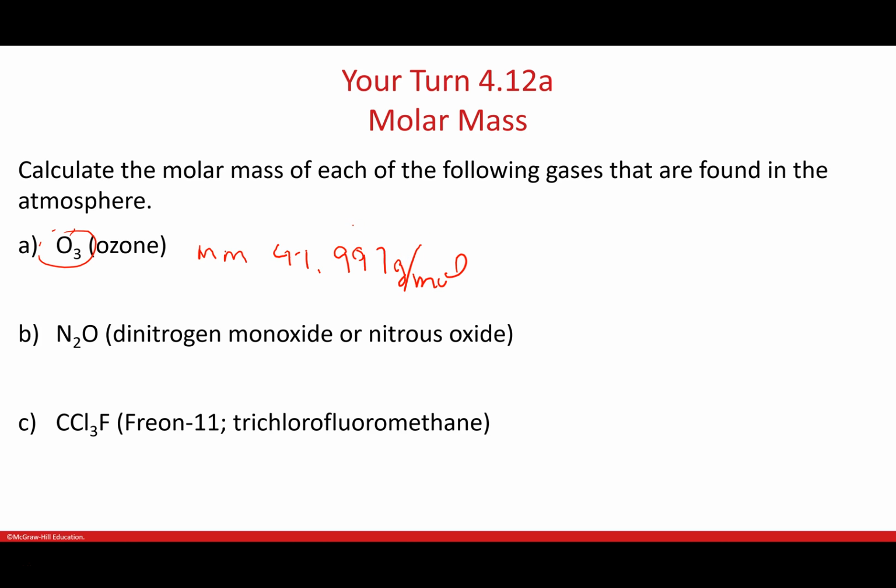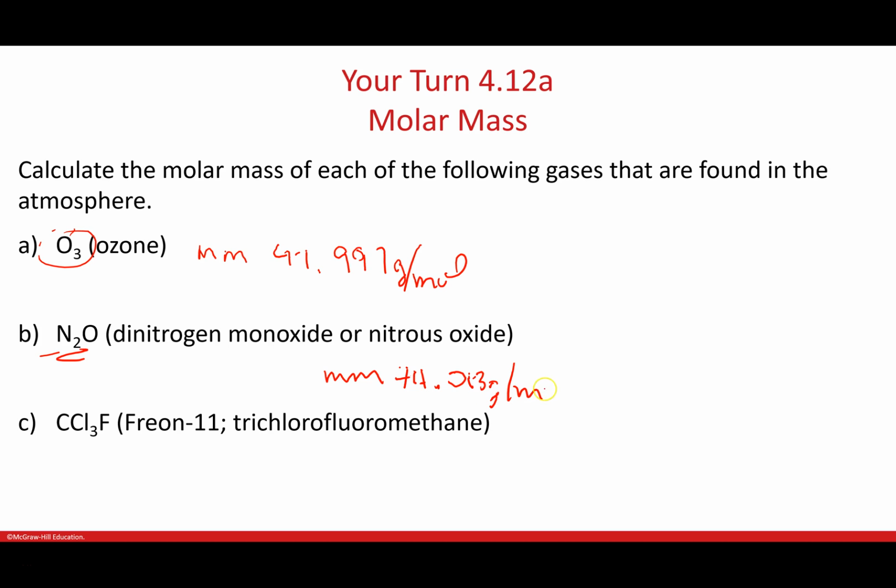And then for N2O, I took 2 times nitrogen plus 1 times oxygen, and I got the molar mass for that is 44.013 grams per mole.